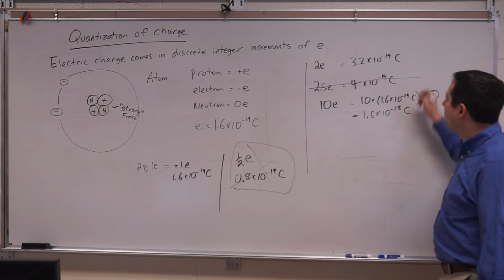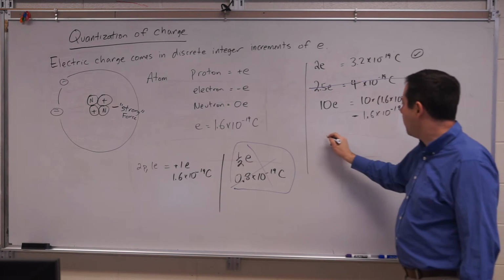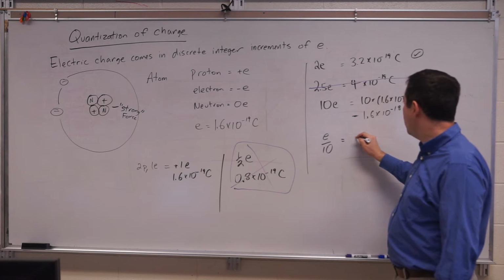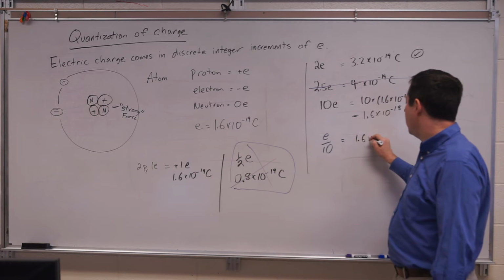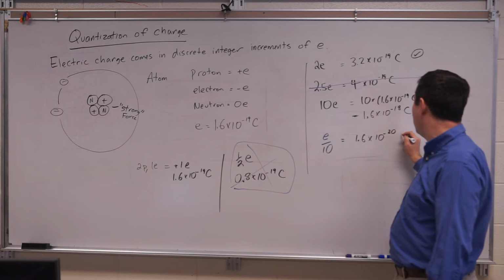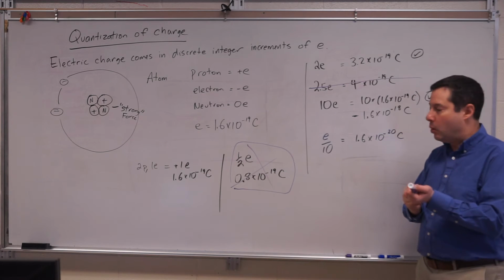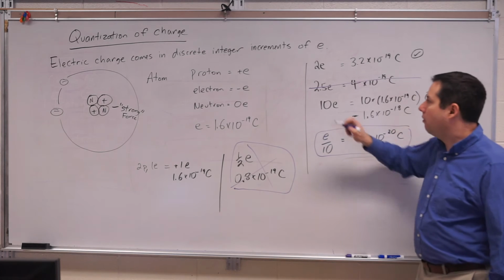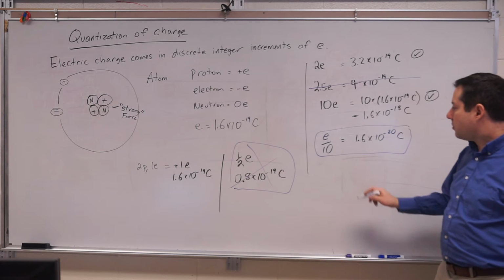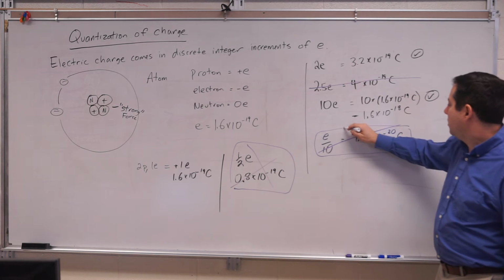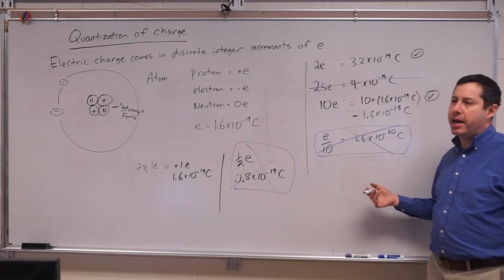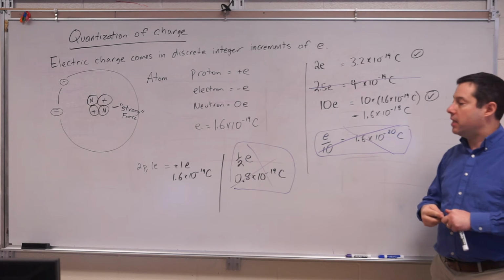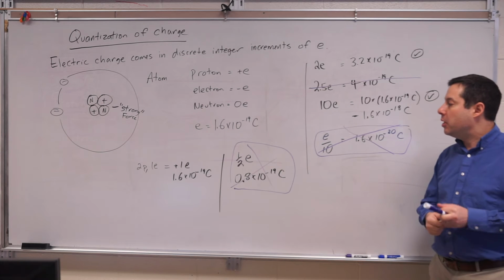That's okay. Check mark there, check mark there. However, e over 10, 1/10 e, would be a charge of 1.6 times 10 to the negative 20th coulombs. That is not allowable because you cannot have a fractional amount of the elementary charge. You cannot have a fraction or a decimal of e, so not valid.